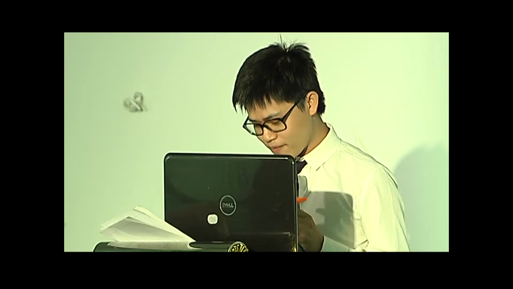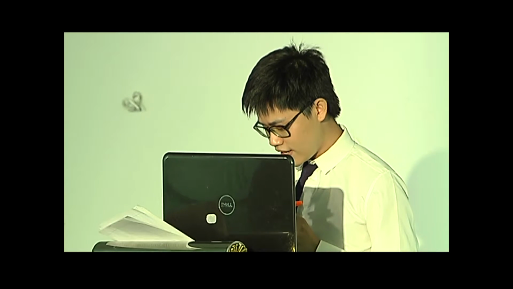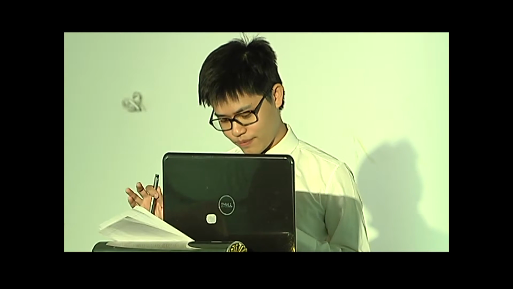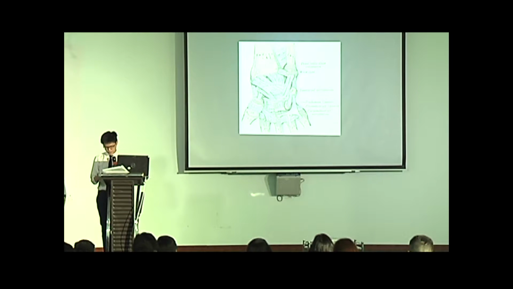The third ligament is the palmar radiocarpal ligament. It is a broad membrane from the end of the radius to the carpal bones, the scaphoid, lunate, triquetrum, and capitate.